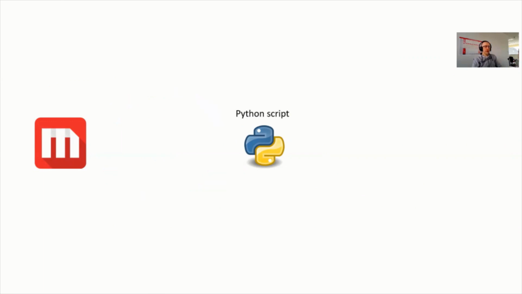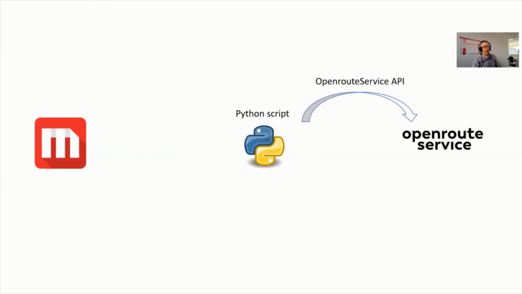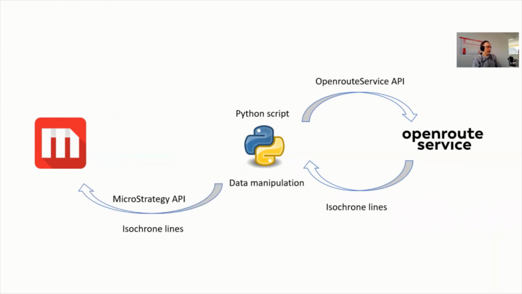Then this Python script connects to openrouteservice with openrouteservice APIs, sends the locations of stores, and openrouteservice sends back the generated isochrone lines. Then the Python script does some data manipulation and sends isochrone lines back to MicroStrategy using MicroStrategy APIs. Those lines are saved as a cube, ready to be used for the map.